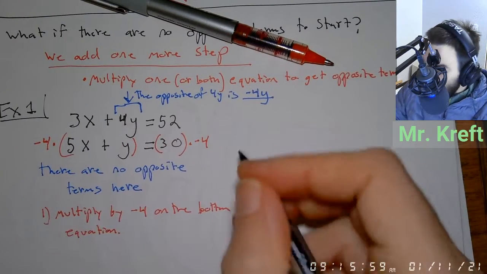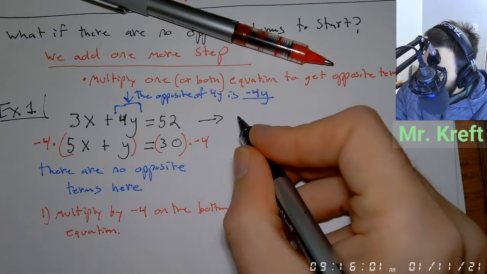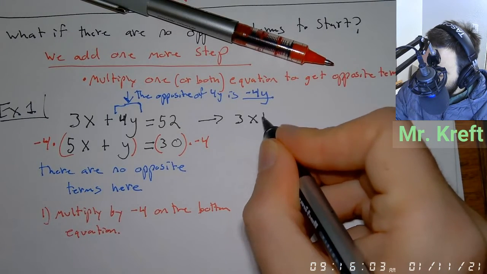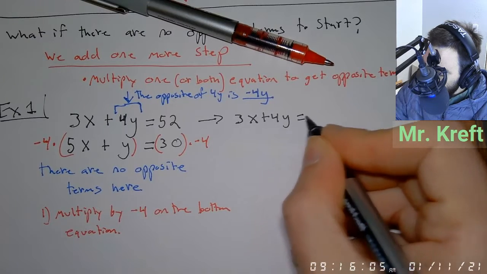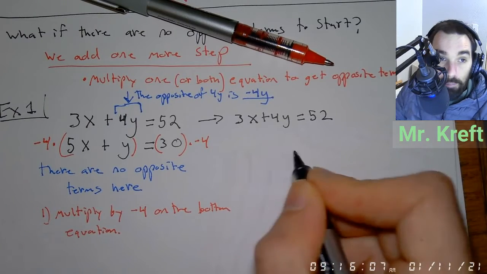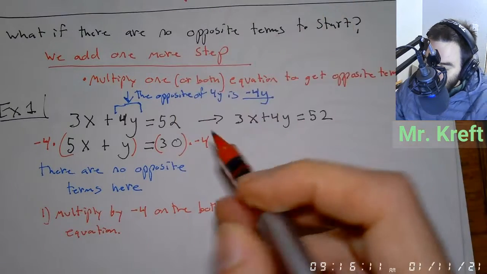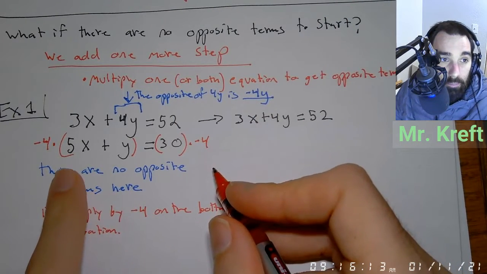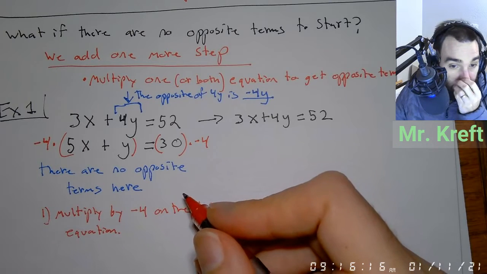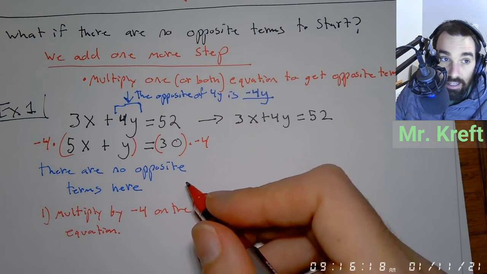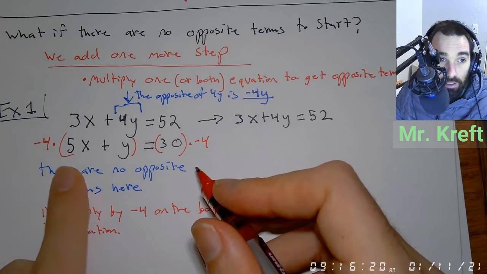We're not going to do anything to the top equation, so the top equation is going to stay the same. The bottom equation, though, is going to be a new equation. So I have to multiply everything by -4. Don't include the y. We're not multiplying by -4y, just -4.